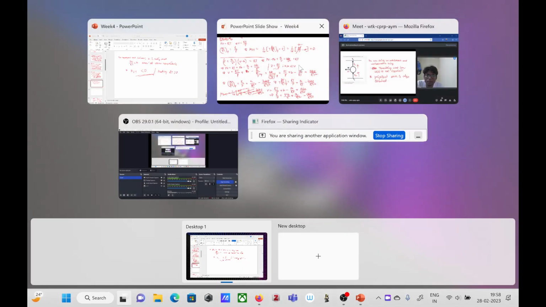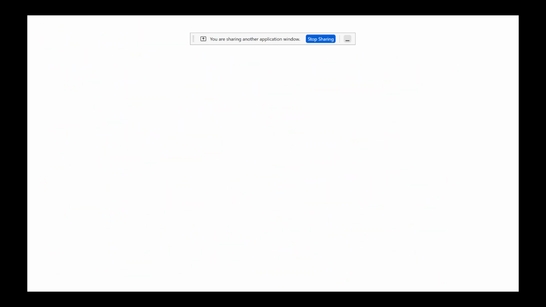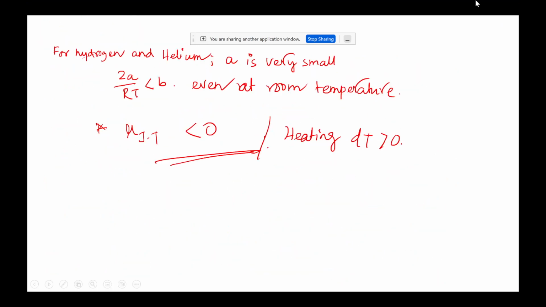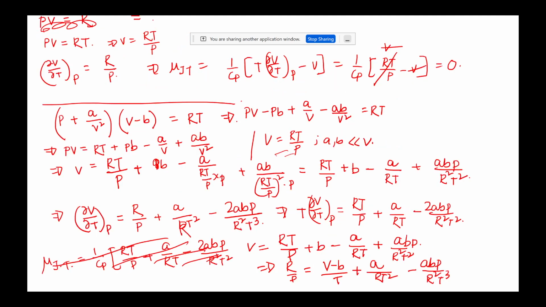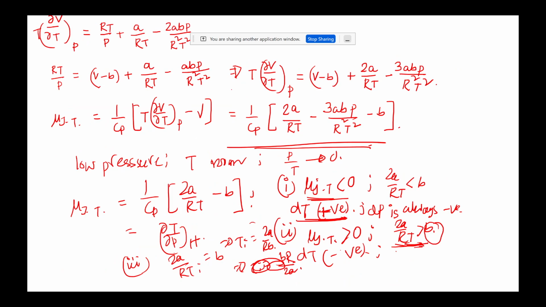As I said earlier, while calculating this Joule-Thomson coefficient, we neglected the 3abp by r square t square term. If you see here, we neglected this term.